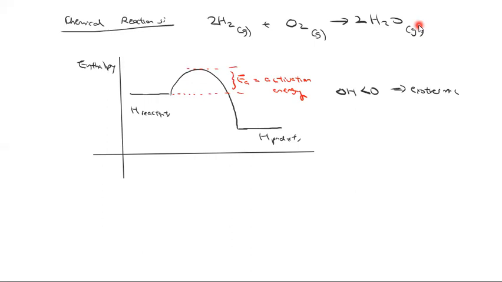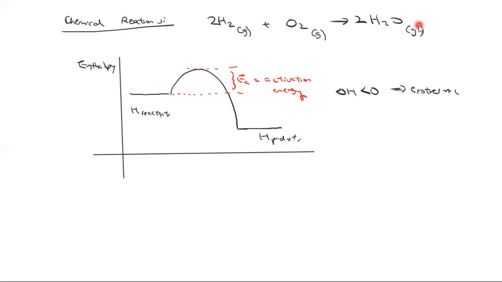So for a reaction to happen, basically all reactions need an activation energy. Almost all reactions, the size of the activation energy will vary, but pretty much all reactions have one, which basically means you're going to need to put in energy for the reaction to occur.